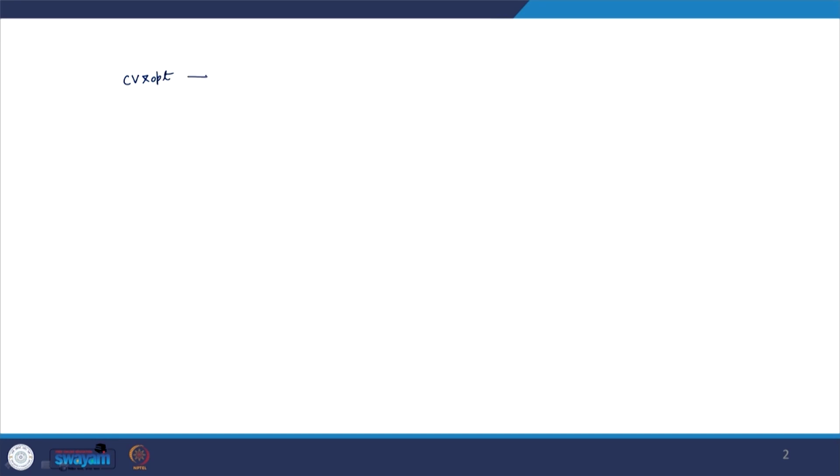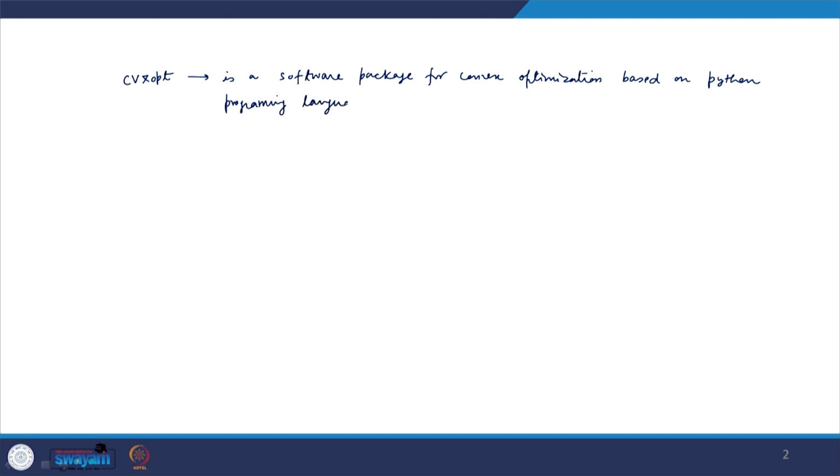It is a software package for convex optimization based on the Python programming language. It is very easy to use and directly gives the optimal solution of a given convex optimization problem.